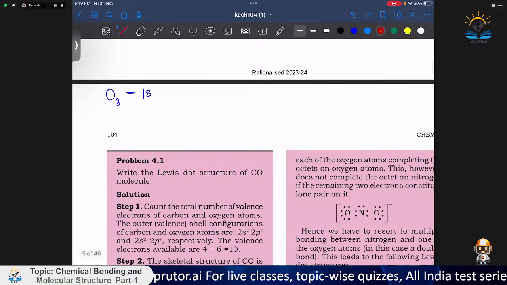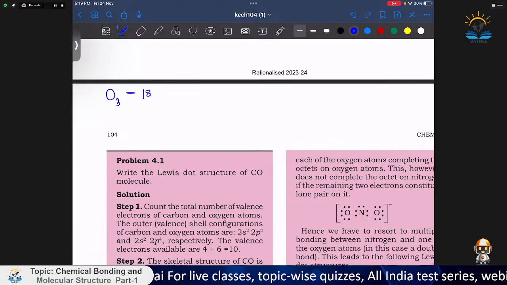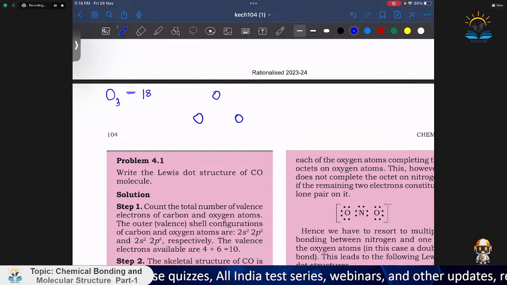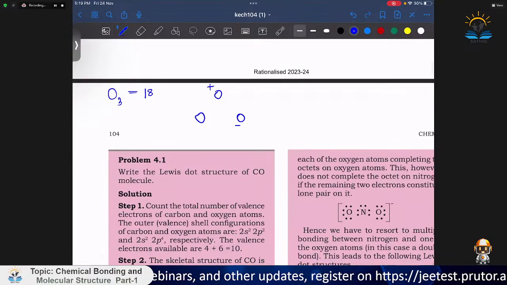So to distribute 18 electrons such that everyone has a complete octet with no exception, not more than 8, we'll assume that one of the oxygens has a positive charge and one of them has a negative charge, right?